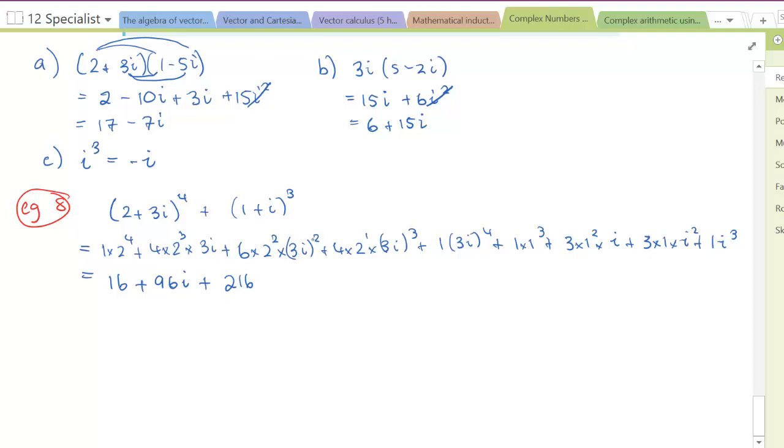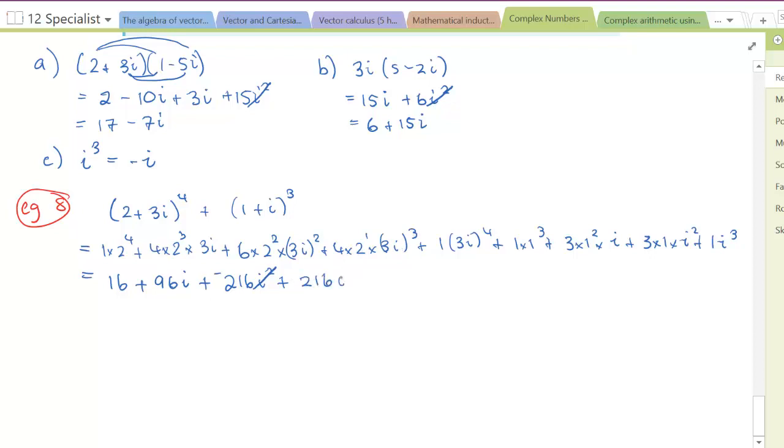And the important thing here is we've got i squared. Now i squared means that we're actually going to have a negative 1. We have 4 times 2 times 27. So 27 times 4 is 108. 108 multiplied by 2 is 216.